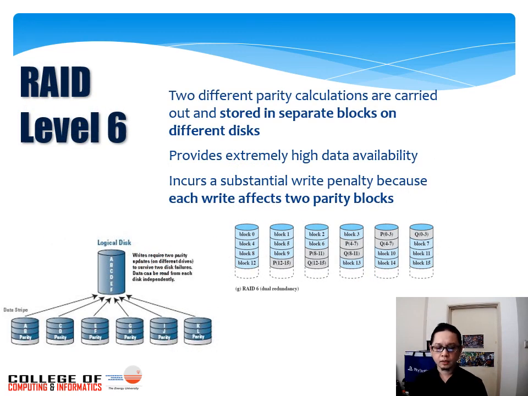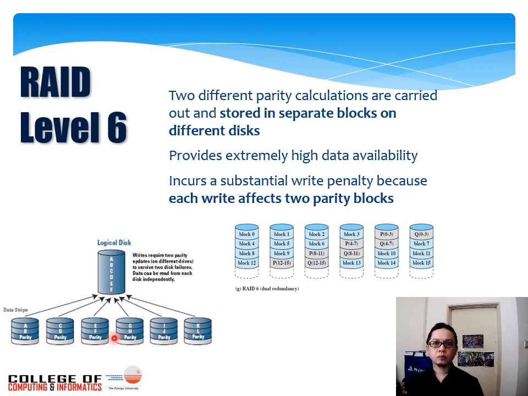For RAID level 6, instead of just having the striping of information across disks, now you have the parity information. It means that each separate location will also have parity information stored there. So let's say the first disk is paired with the second disk, and this second disk is paired with the third disk, this third disk is paired with the fourth disk, and so on.